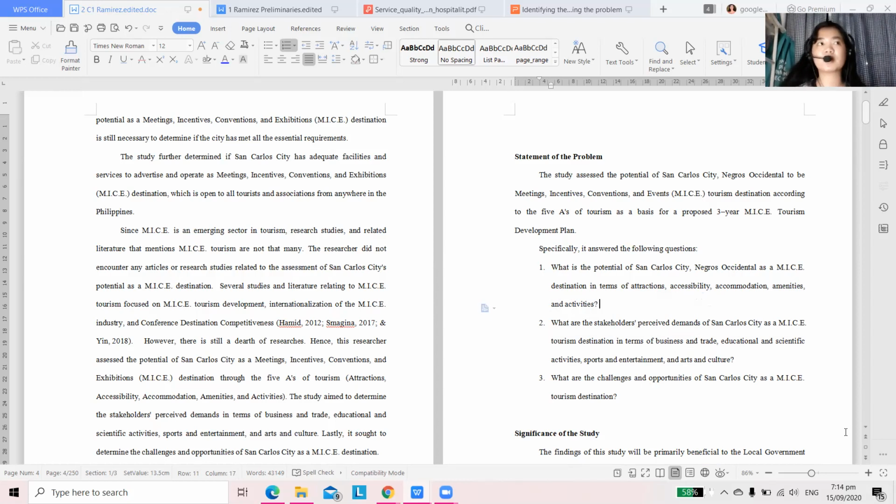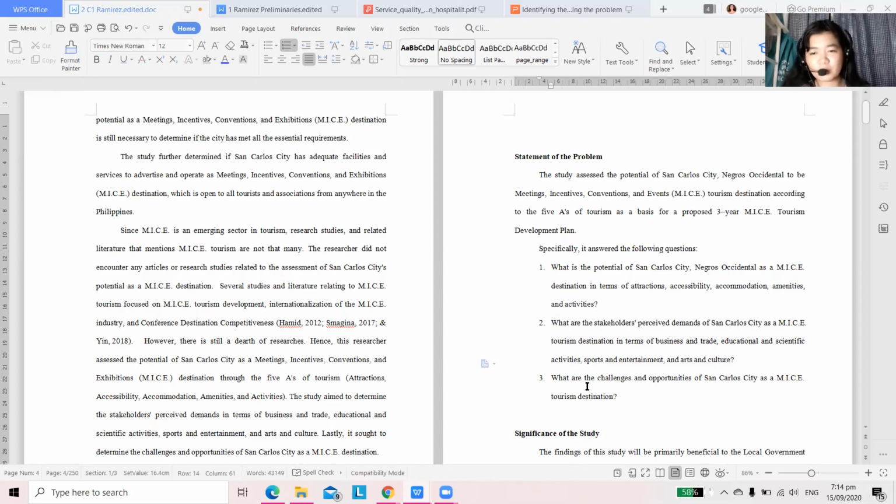For example, they need an auditorium, or they need a business center. So we want to determine that, because of course if I advertise San Carlos as a major destination, we need to know what the demands of the tourists or stakeholders are. Stakeholder is of course the tourist.